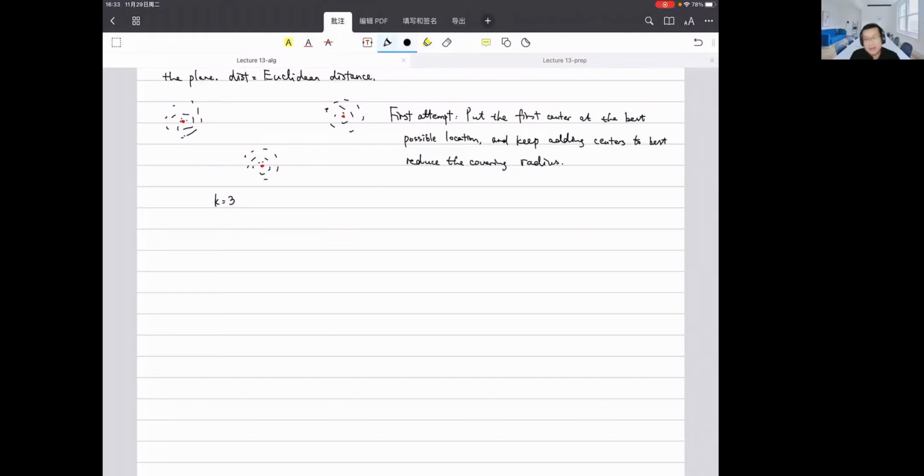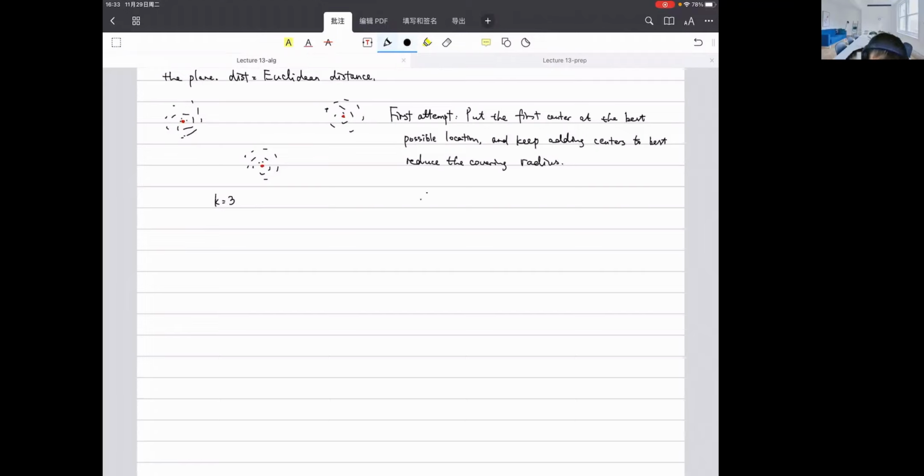I think this is something natural: at the beginning you pick the best possible location, then we just keep adding centers to best reduce the covering radius. So we can think about whether this is actually a good strategy or not.